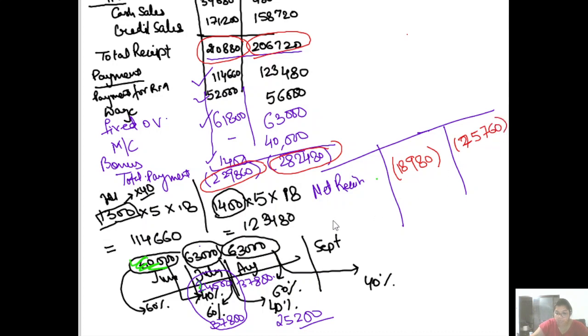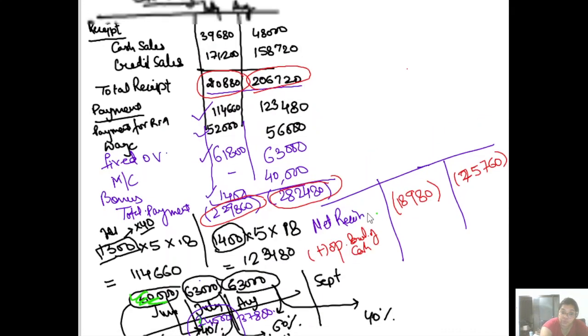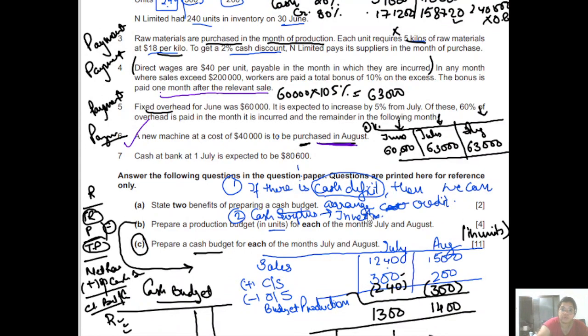75,760. Now what you have to do is add the opening balance of cash, which is given in point number 7. In point 7 they gave you cash at bank on 1st July. On 1st July, the opening balance of cash is 80,600.